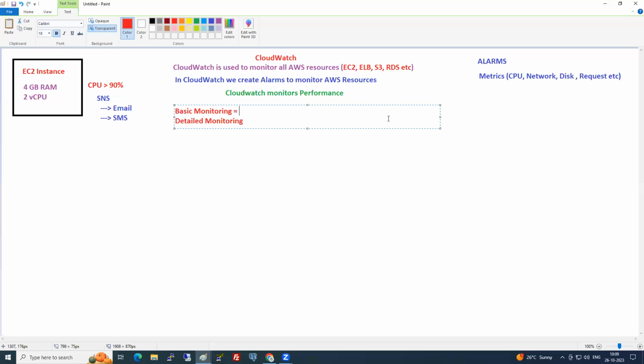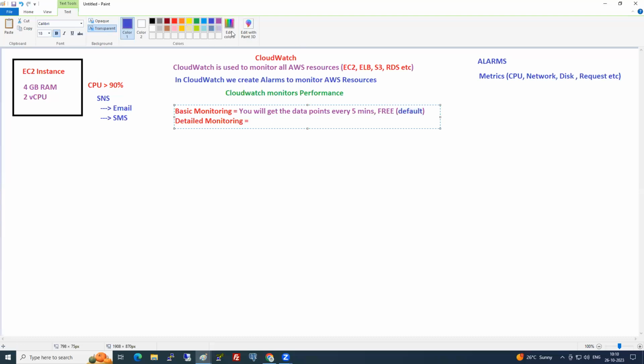So every 5 minutes you get the data interval, which is free. AWS is giving it for free. It's free, and this is the default. By default, you get it. You don't need to do anything.